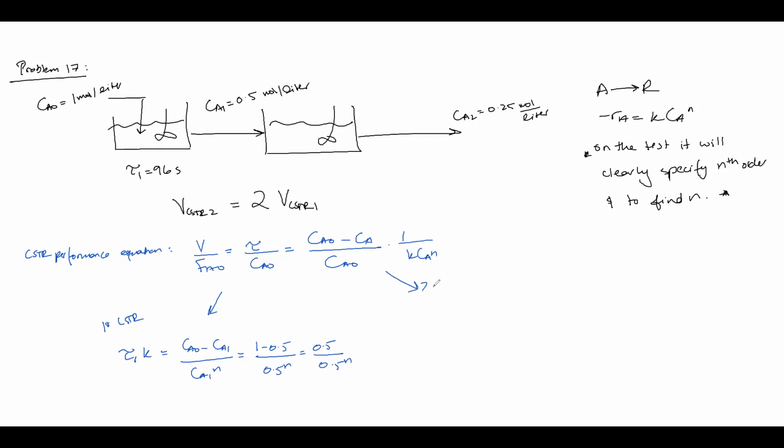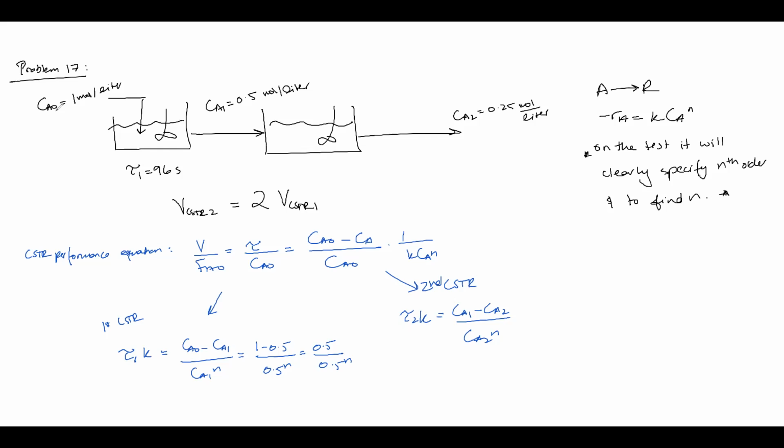Okay, and for the second CSTR, I'm going to do the same thing. So tau 2K will be now CA1 minus CA2 divided by CA2 to the n. And that's something some of you confuse when you have reactors in series. Again, for the second reactor, you're talking about CA2 and CA1 because the initial concentration in the second reactor is CA1.